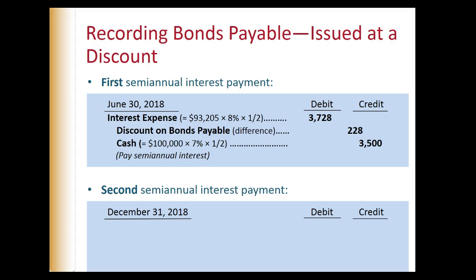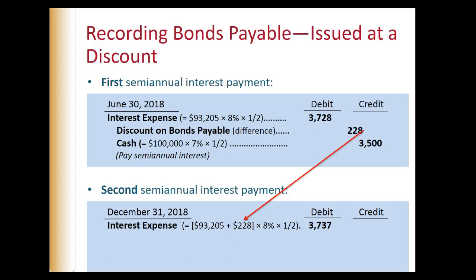So the $3,500 is what we're going to be paying out based on the bonds, but the interest expense is going to be the market rate. So the carrying value, the initial issue value, times the market rate, times the 6 months, or 4% per period.